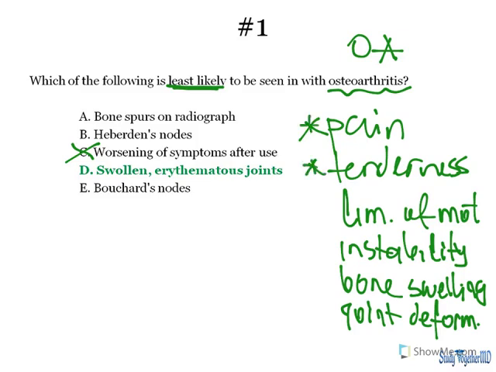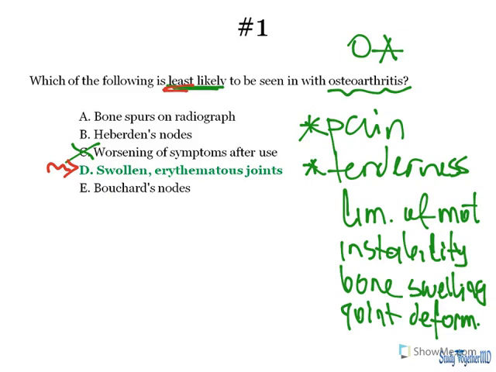So there is tenderness, but there's little or no swelling at all. That's because osteoarthritis generally does not have an inflammatory component except in advanced disease. So that's why this is the correct answer. Okay, it's least likely to be found in OA.